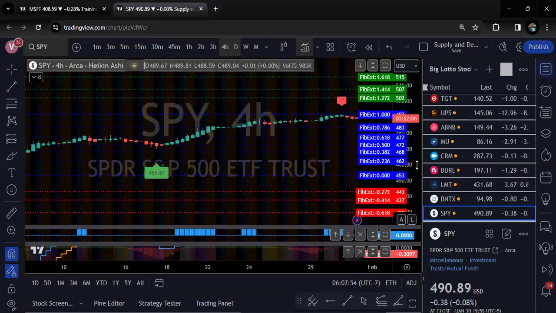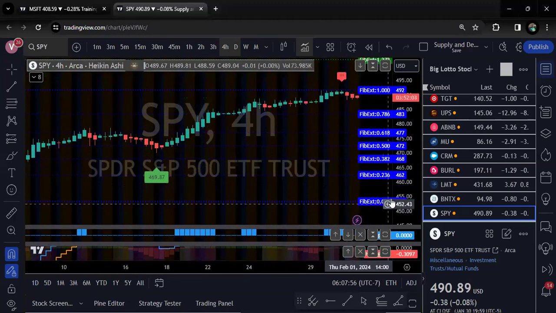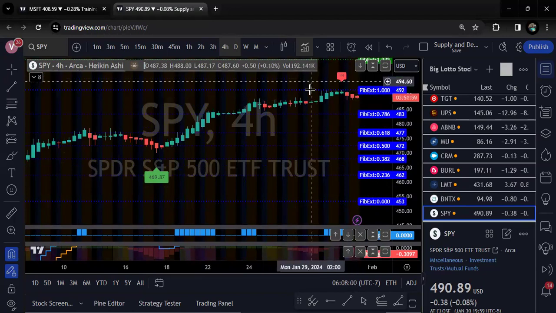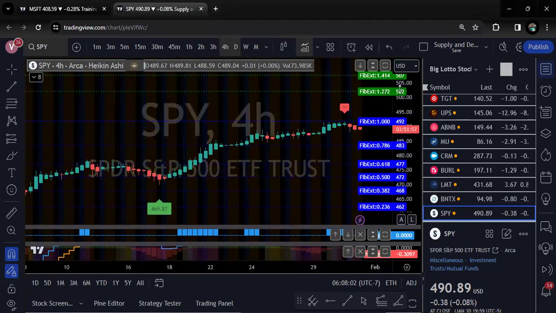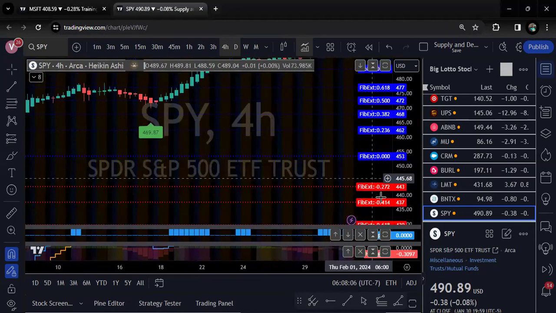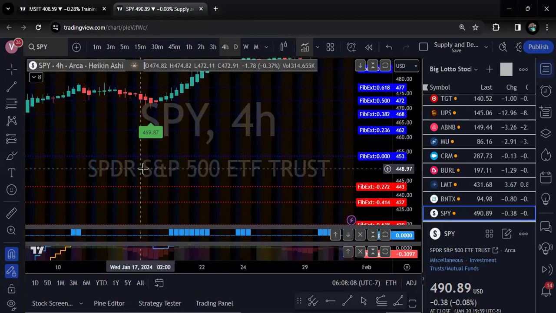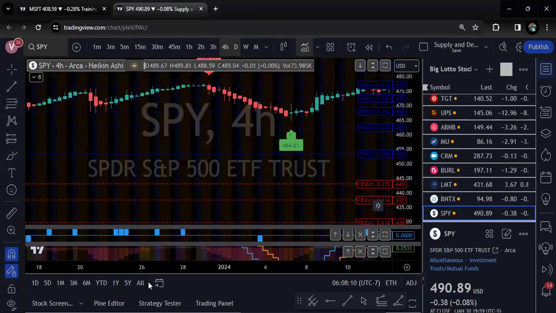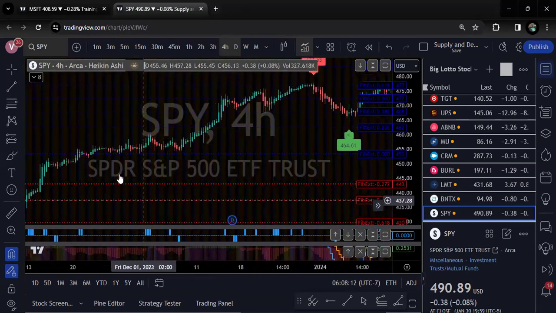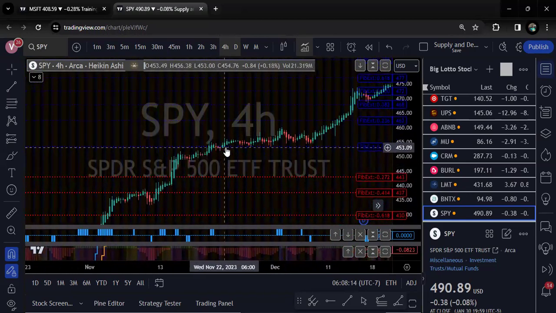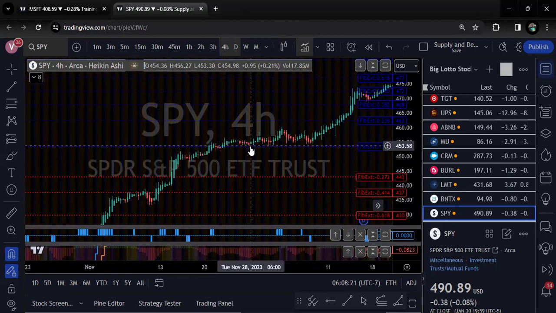So our 0%. The fib levels start from 0 to 100. If you go above, there are extensions, like 1.2, or if you go below 0, it's of course negative. On the 4 hour, it will give you at least a nearer level from when we started. So here it was 450, 453. That was way back almost towards the end of November.